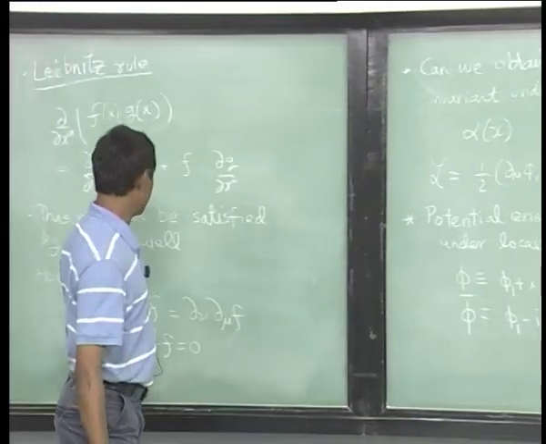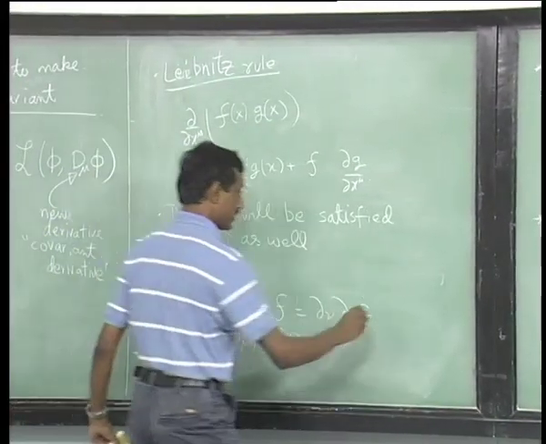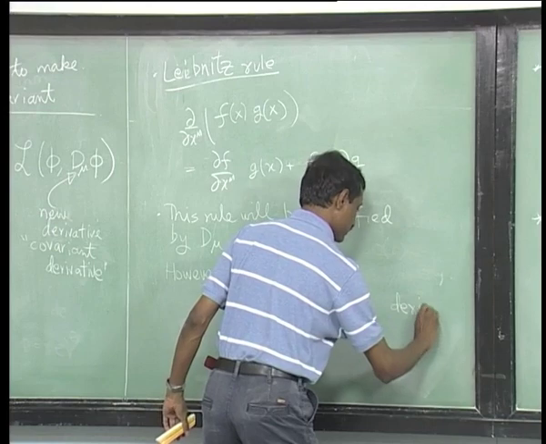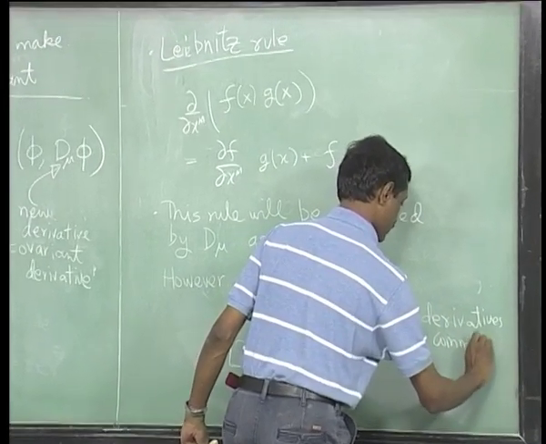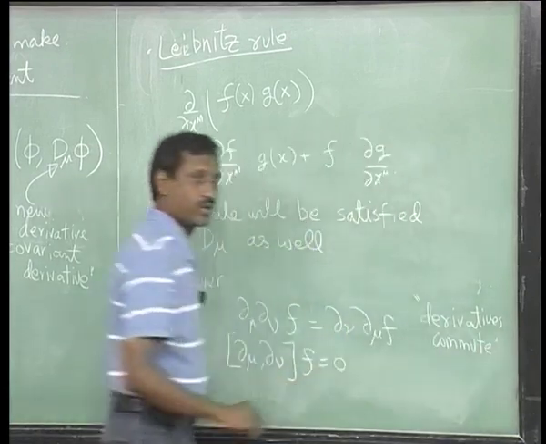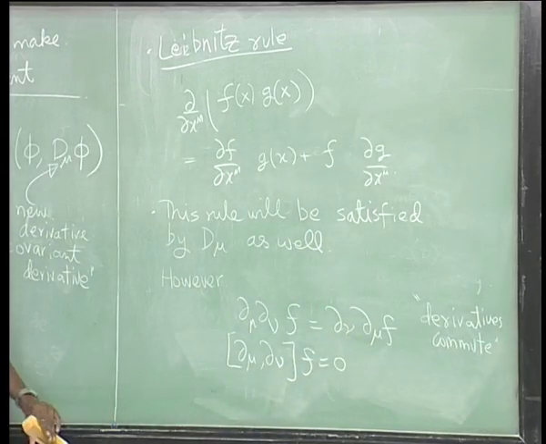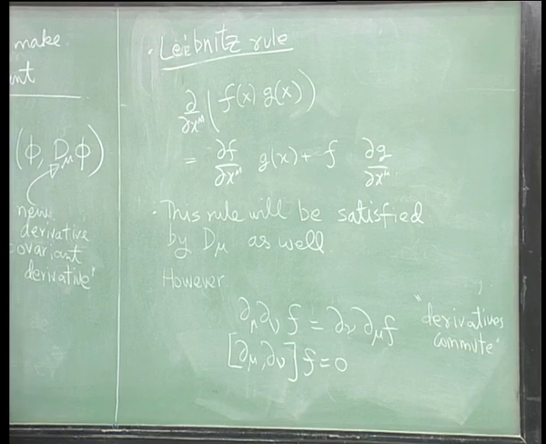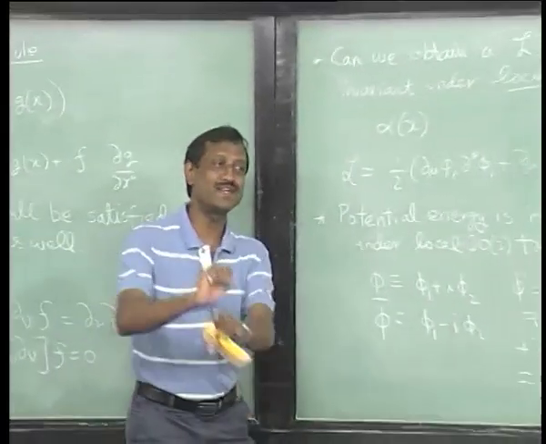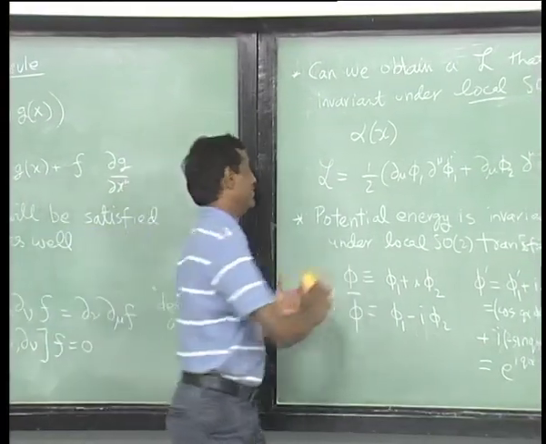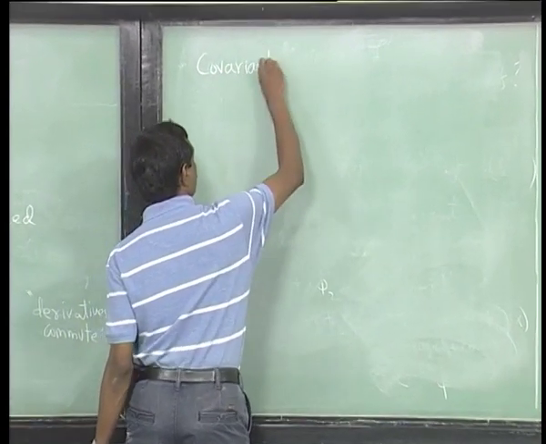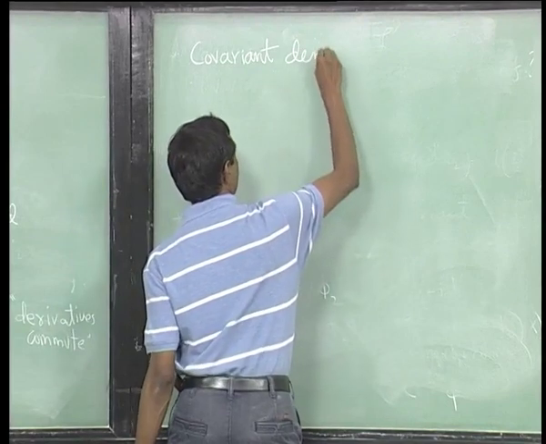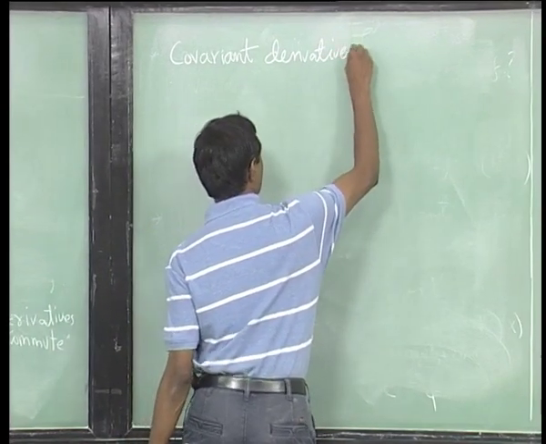So in other words, we say that normal derivatives commute, okay, and the key point is covariant derivatives do not necessarily commute, they may commute, okay. They need not commute.